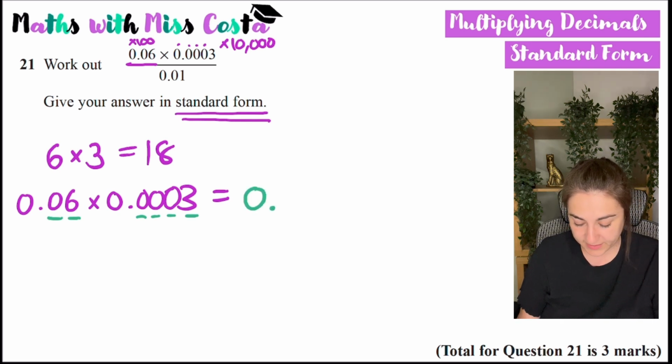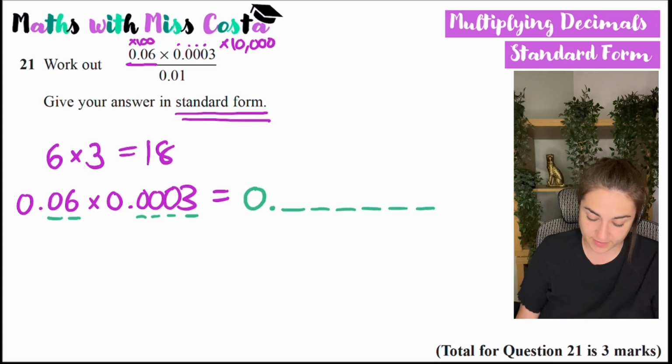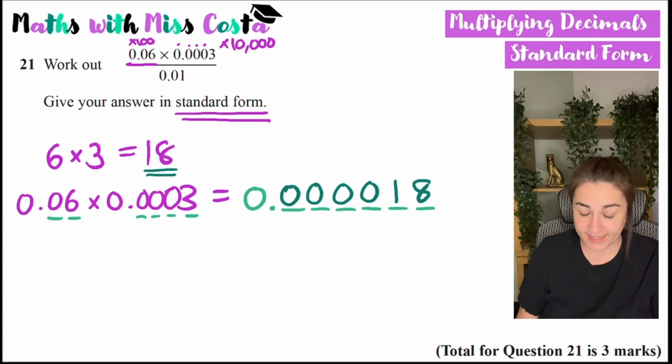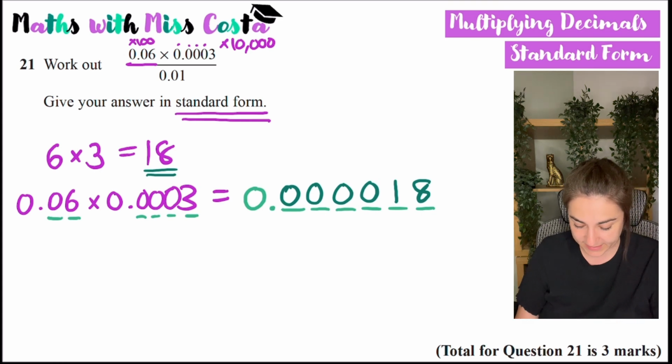So in my answer, I'm going to need to have 1, 2, 3, 4, 5, 6 digits after the decimal point. Now I know 6 times 3 is 18, so I'm going to fill that in at the end, and everything else I'm going to turn to zeros, and that has the same effect as dividing by 100 and then by 10,000.